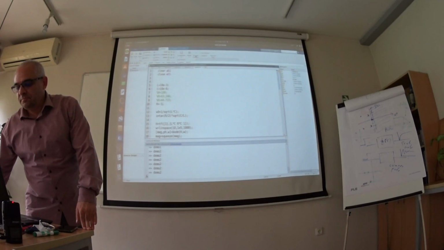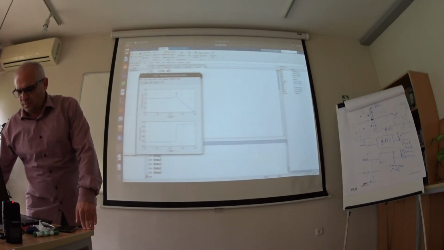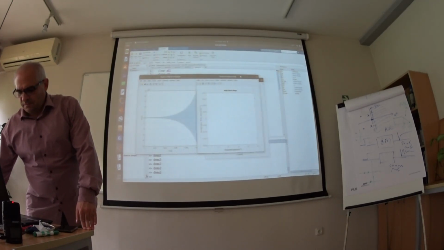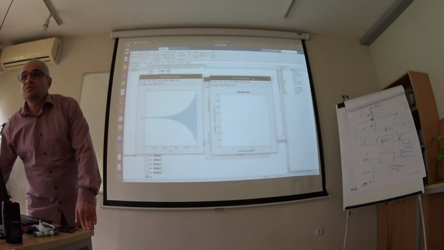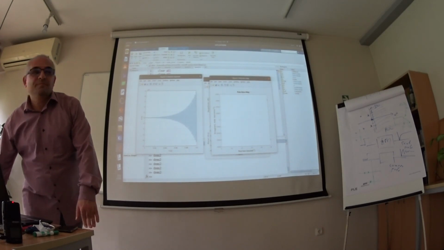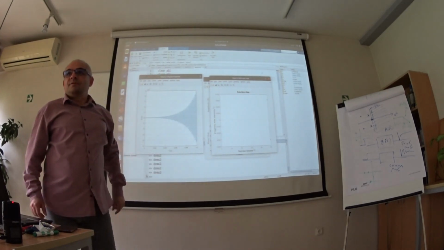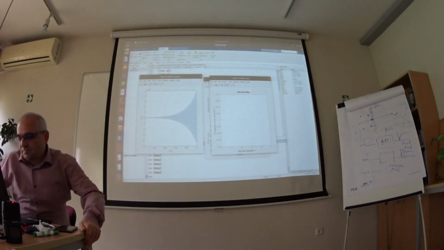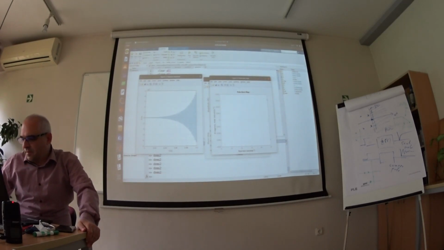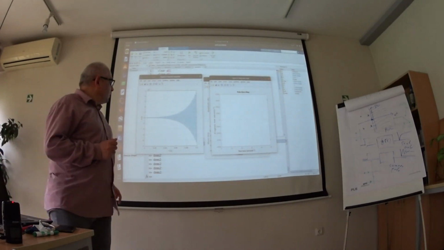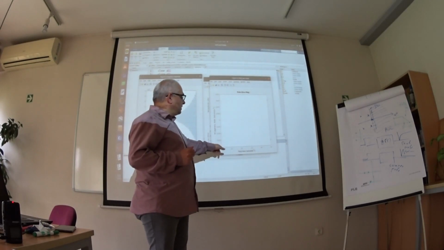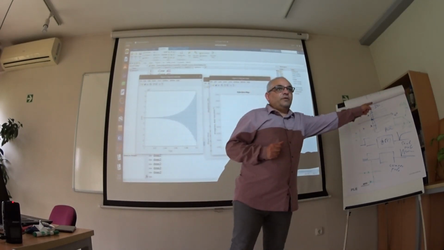This system is not stable anymore. This will increase, or will go up. Where are the poles? On the right. No.